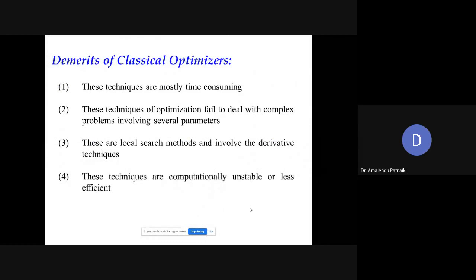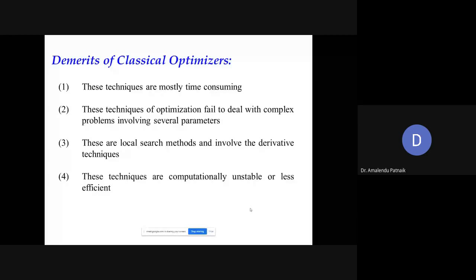And why go for these meta-heuristic based optimizers? Because classic optimizers have their own problems. These problems are like, classic optimizers are time consuming. These techniques of optimization fail to deal with complex problems with multiple parameters.